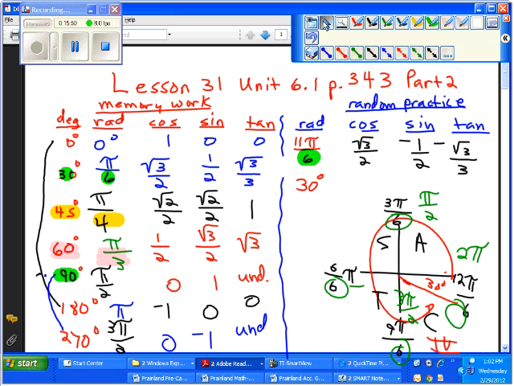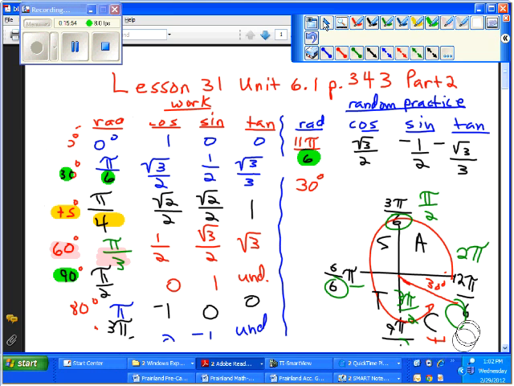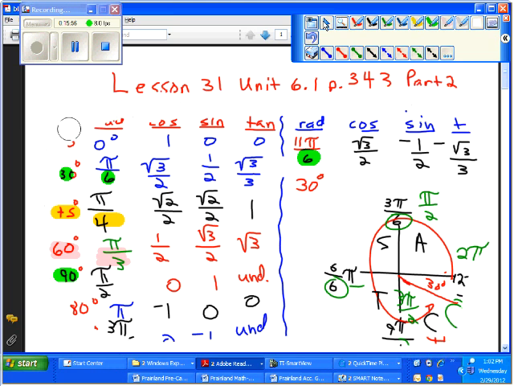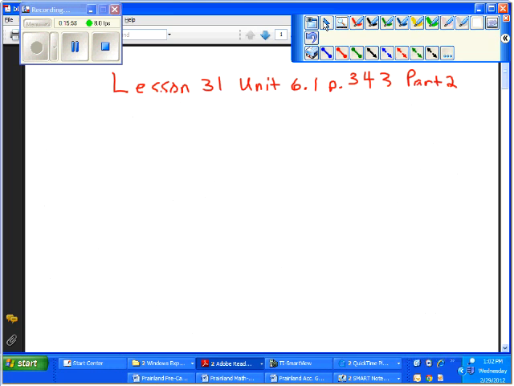Okay, now the other part of this lesson is arc lengths and areas of sectors. So, we're going to talk about arc length. Now, in your pre-calculus book, on page 345, it actually called it a circular arc.